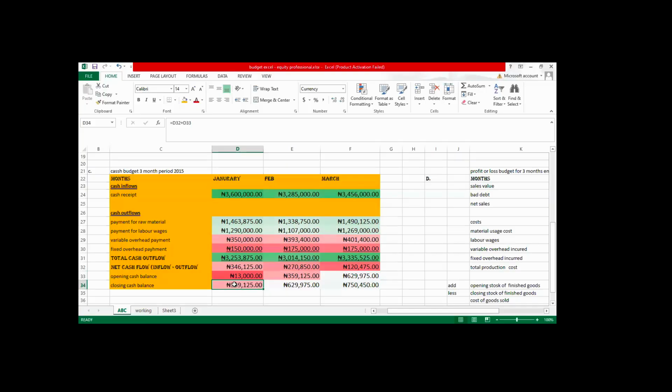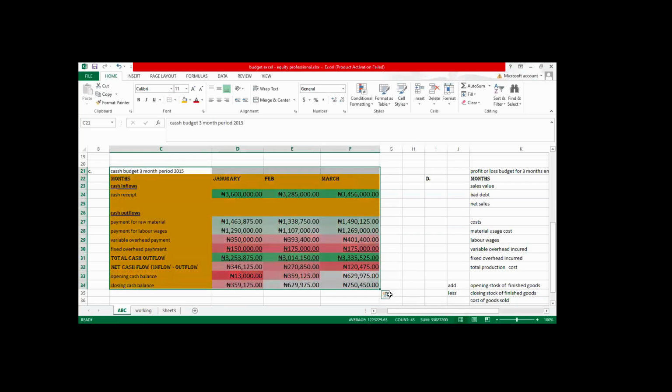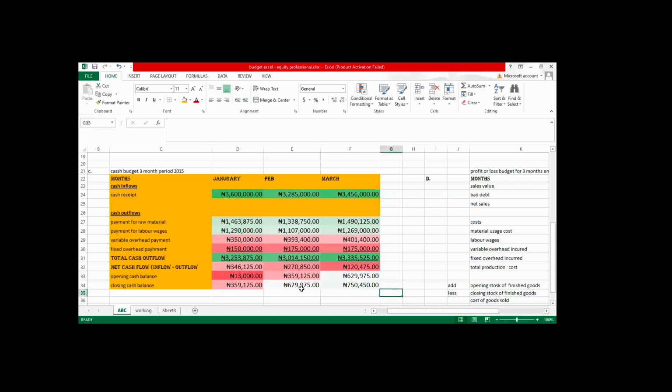The closing cash balance for January becomes opening cash balance for February. The closing cash balance for February becomes opening for March.